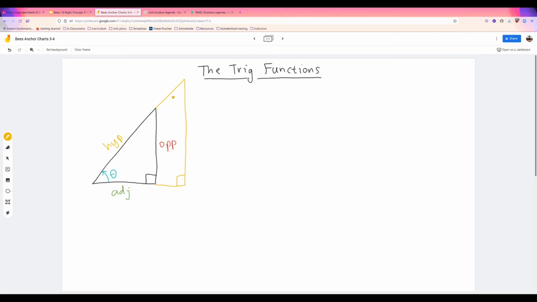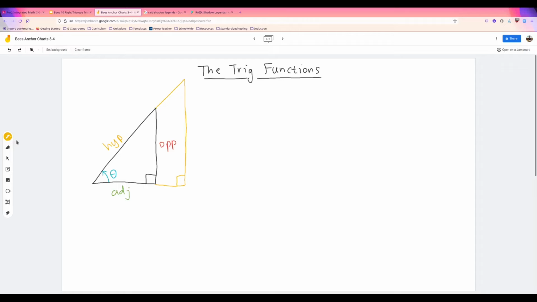The reason why is we've got two angles that are the same. So both the big yellow triangle and the black triangle both have a 90-degree angle and they both have theta in them. So all the right triangles that you draw that share this one angle are going to be similar.